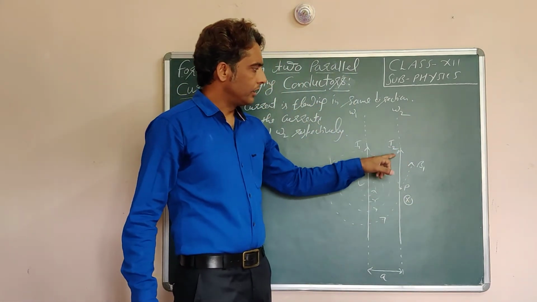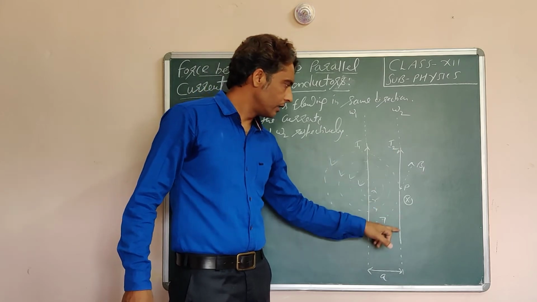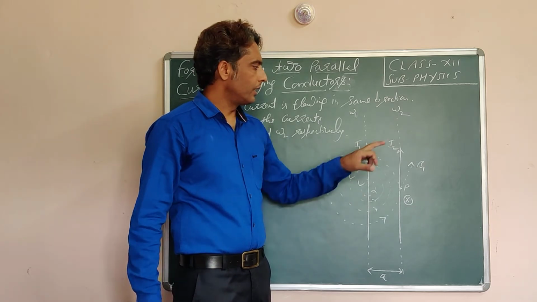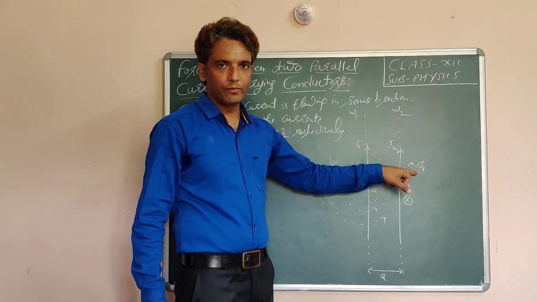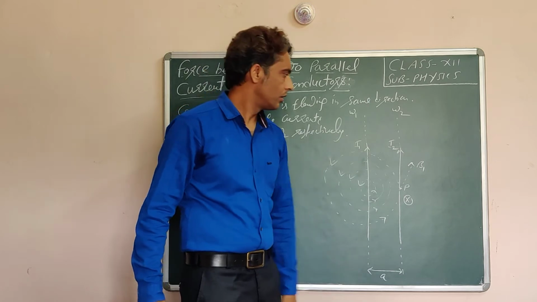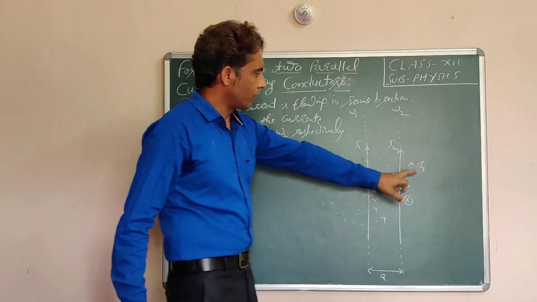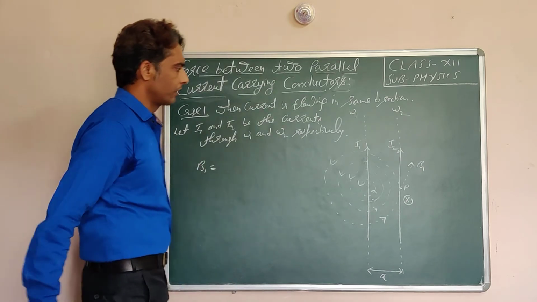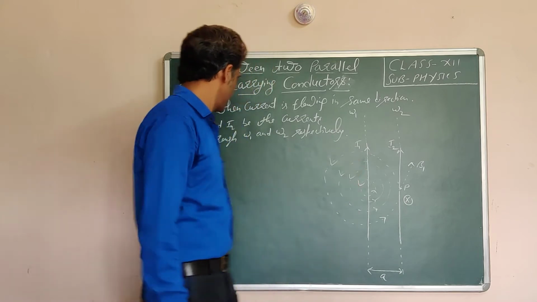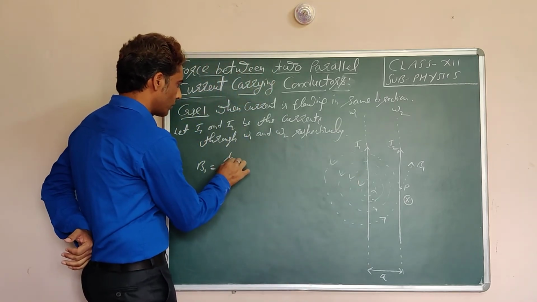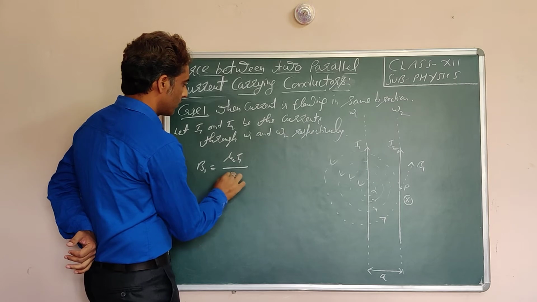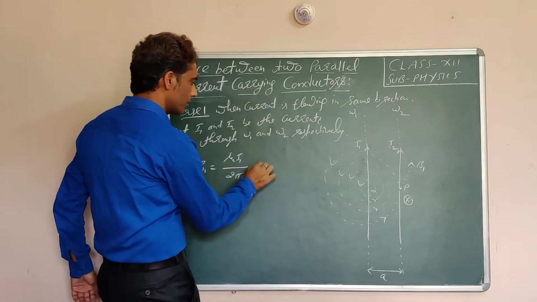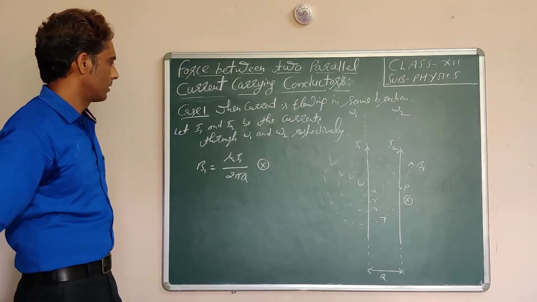Now you can see this conductor is lying in the magnetic field of this conductor, and we know that when a current carrying conductor is placed in magnetic field, it experiences force. So first we write the expression for this B1. So here B1, that is magnetic field due to this conductor, is equal to mu naught I1 over 2 pi a, and this direction is inward, so we write cross.